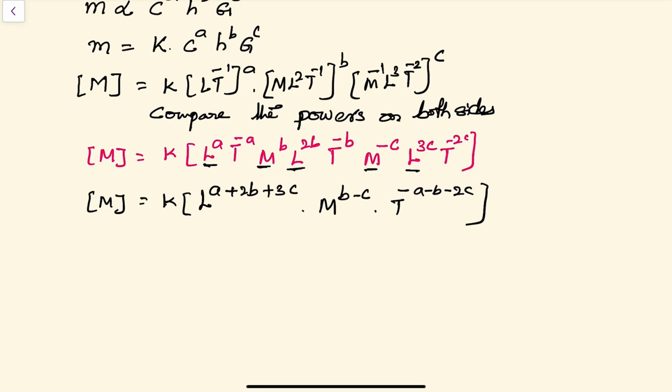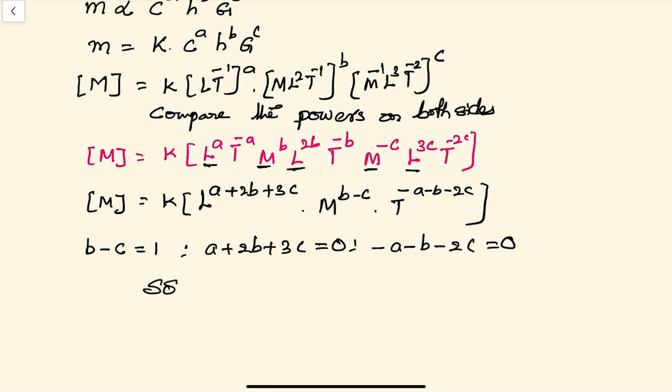So now what is that? b minus c is equal to 1. a plus 2b plus 3c is equal to 0. Minus a minus b minus 2c is equal to 0. Now solve a, b, c values using the above expressions and substitute here.